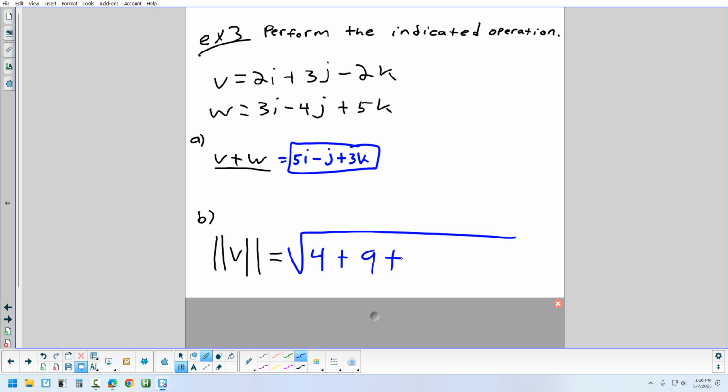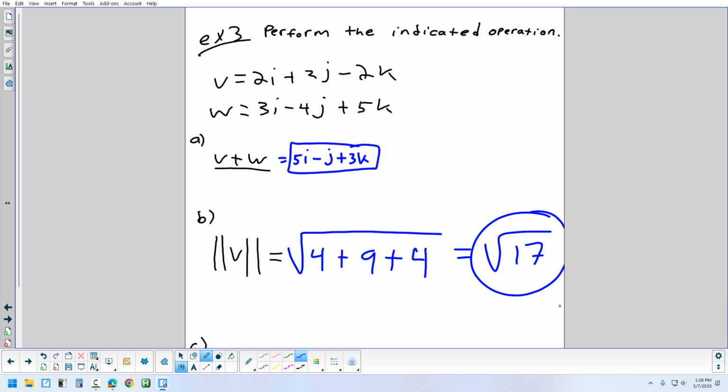It's always plus. Now plus -2 squared, which is 4. And then you add them. So 4, 9, 17. Square root of 17. And just like somebody asked before, should you reduce it? Yep, you can. Otherwise, just leave it like that.